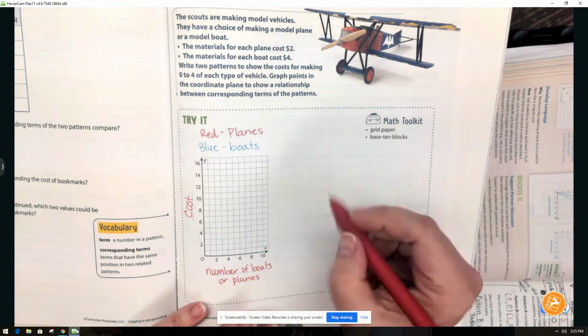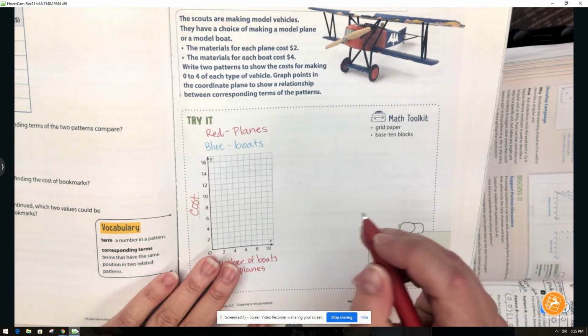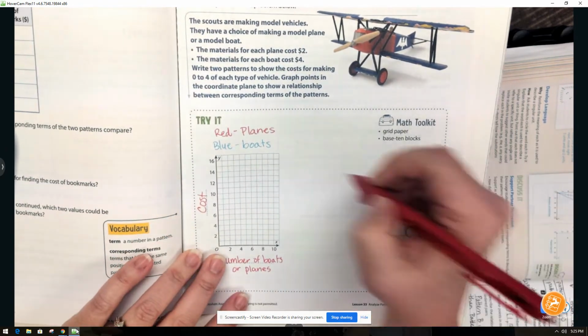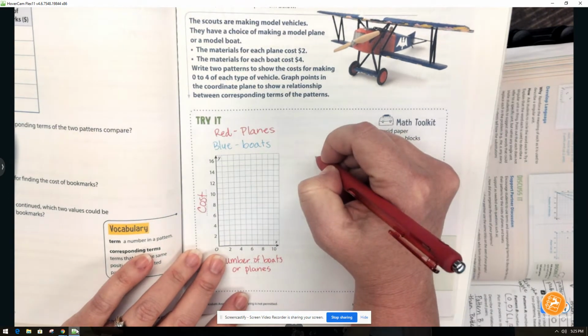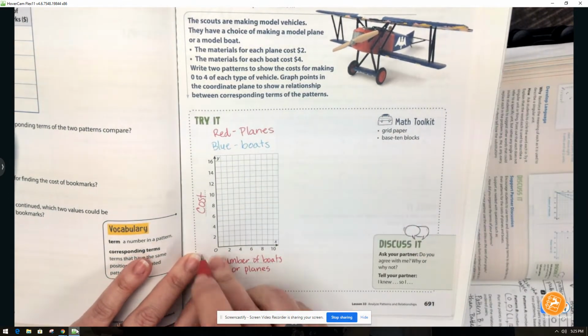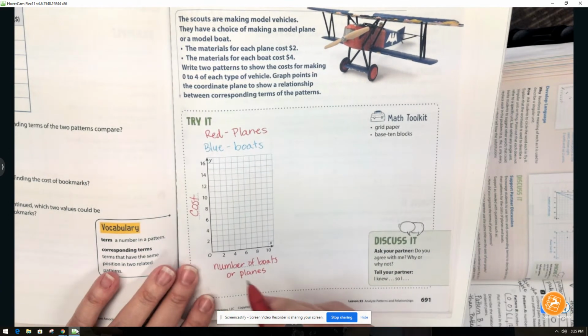So this is what we have here. I don't think we need to do the numbers to begin with. We're gonna wing it, and I think we'll be okay.